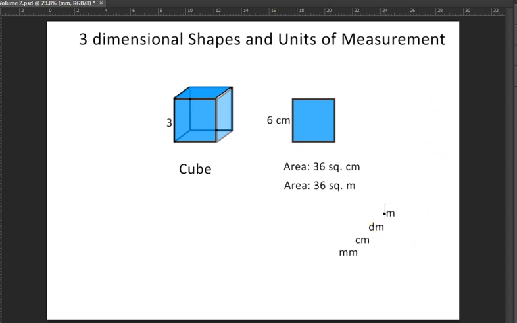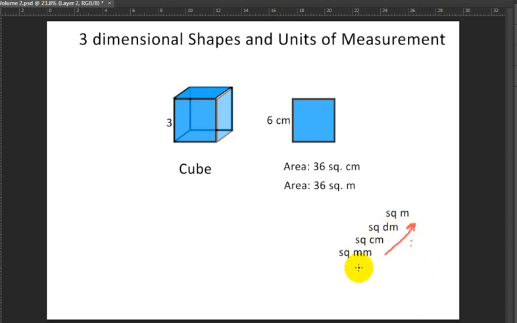So if this was square meters, square decimeters, square centimeters, and square millimeters, and I wanted to go from one to the other, if I'm going up, that means I need to divide.